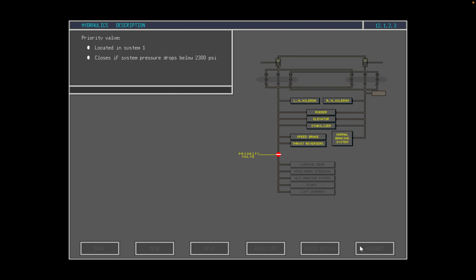Hydraulic power from System 1 is available for the flight controls, speed brake, and thrust reversers. The priority valve will reopen when the hydraulic pressure rises above 2,650 psi, restoring hydraulic power to all System 1 consumers.